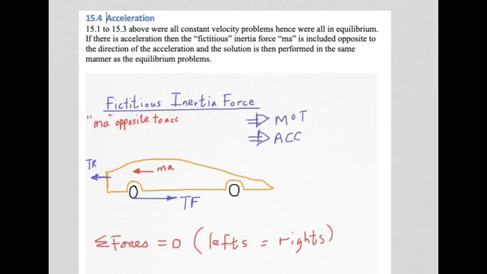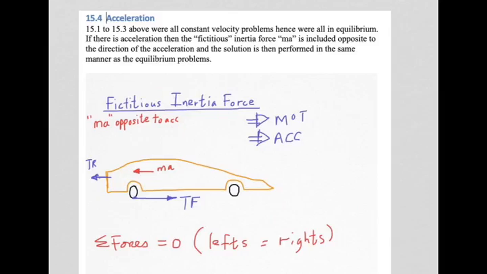That's fine. But now we would like very much to make our problems balance so that we don't have to learn new rules and we can simply equate lefts equal rights. So to do that, we insert a force that is the product of mass and acceleration. And we simply always put it in the opposite direction to the acceleration.